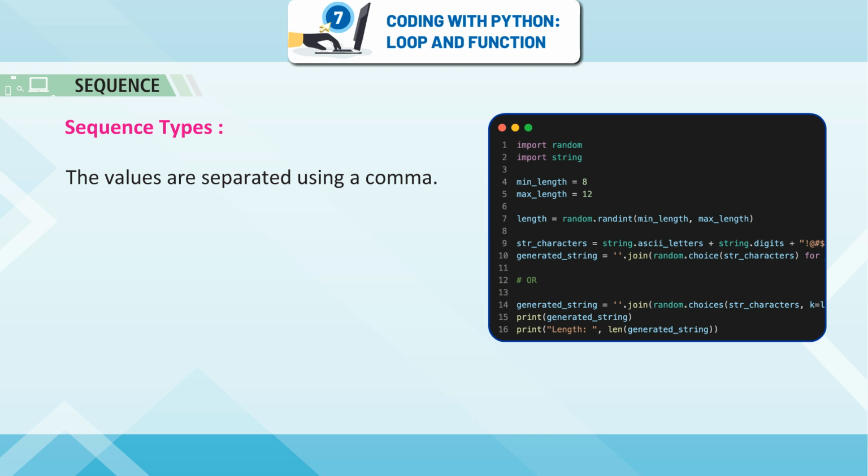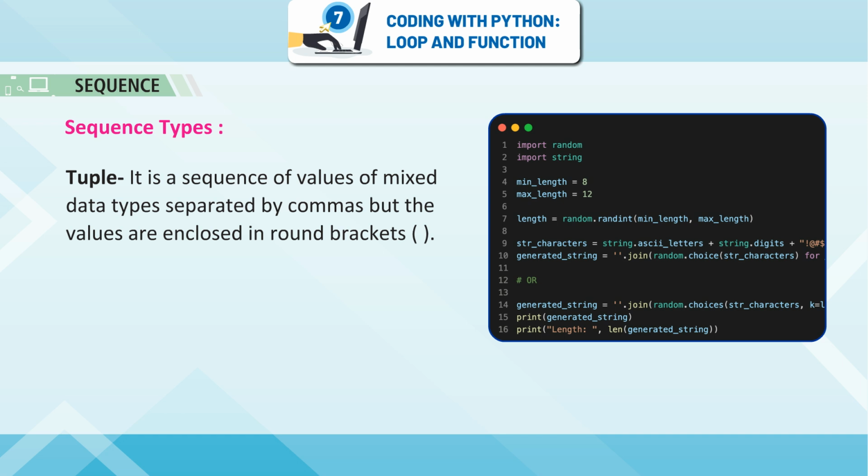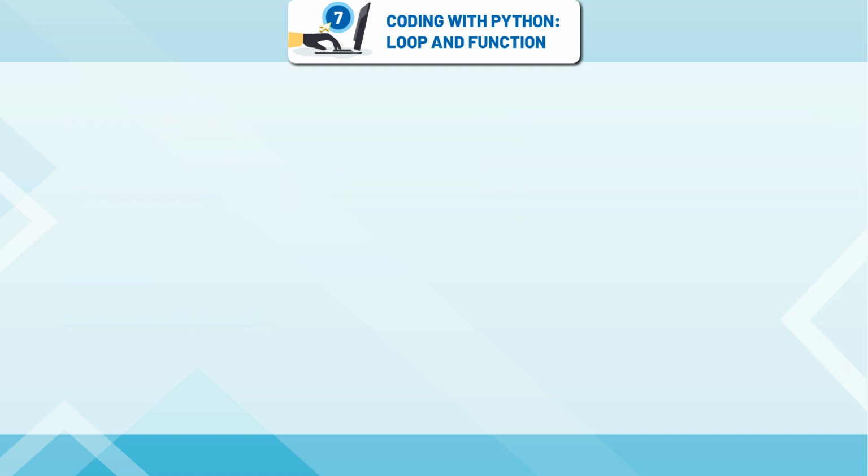The values are separated using a comma. Example, score = ["player A", 90, "player B", 100]. Tuple: it is a sequence of values of mixed data type separated by commas, but the values are enclosed in round brackets. Example, state = ("UP", "Delhi").